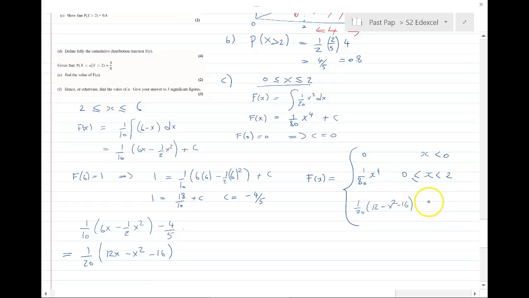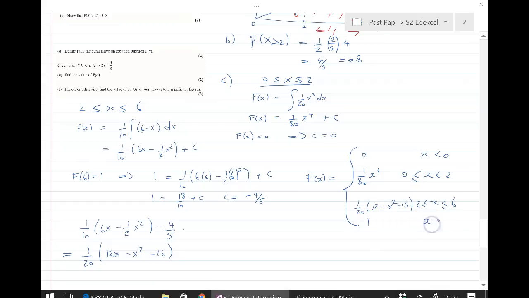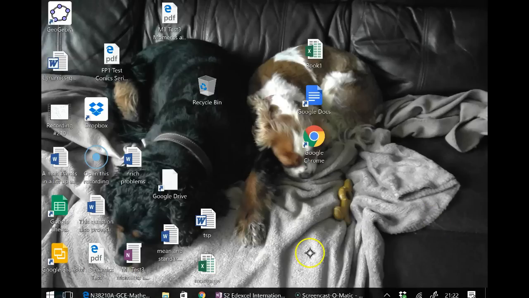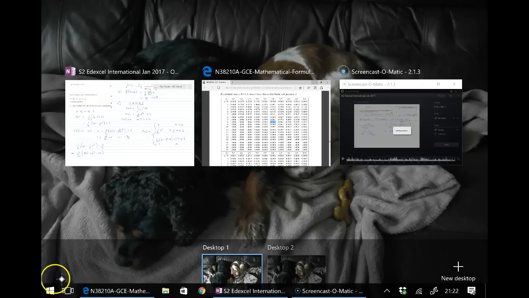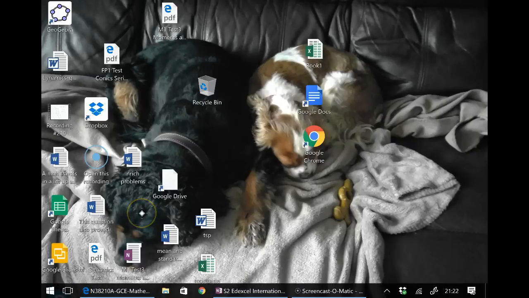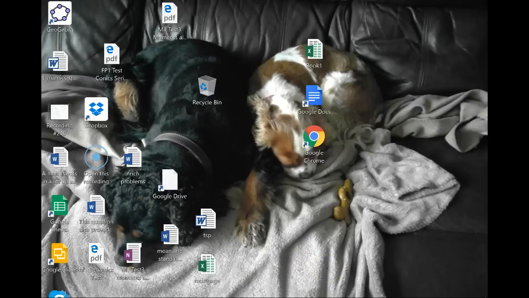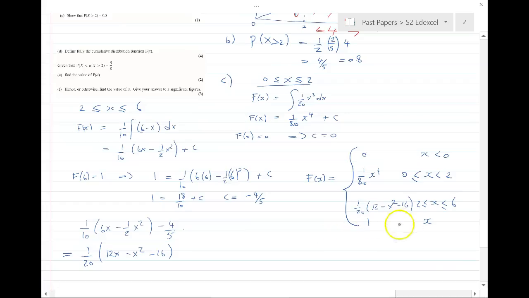So that's for x greater than or equal to 2, less than or equal to 6, and 1 if x is greater than 6.